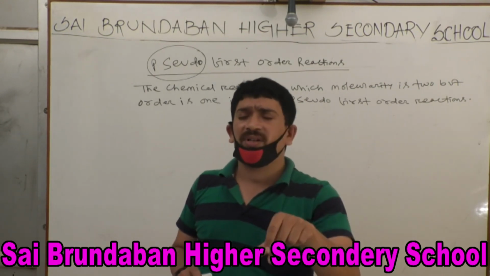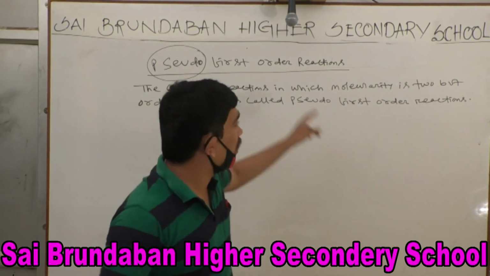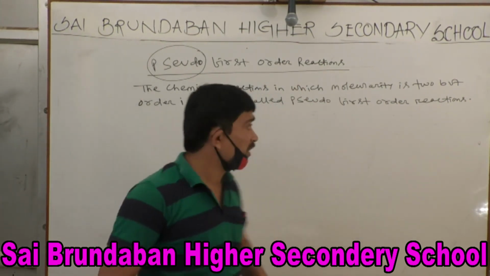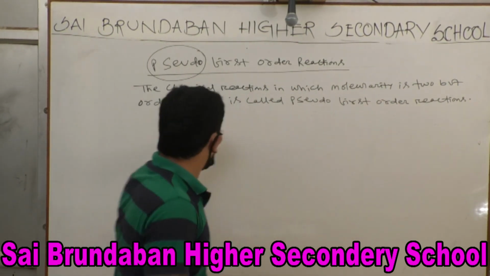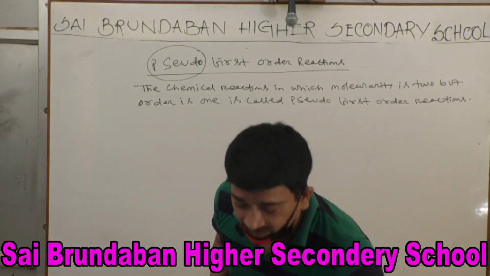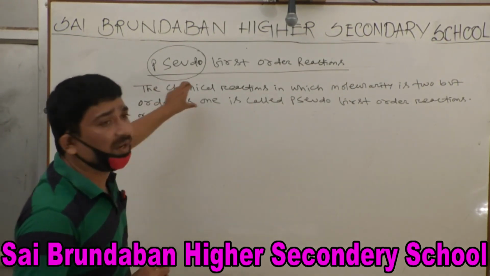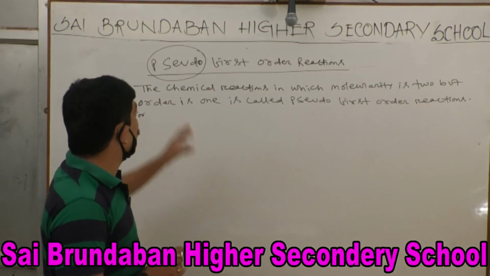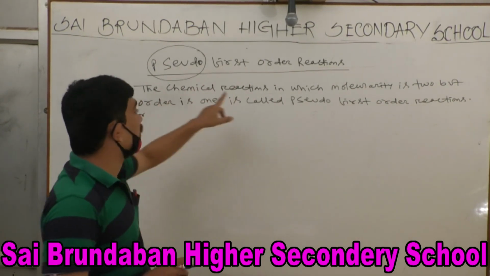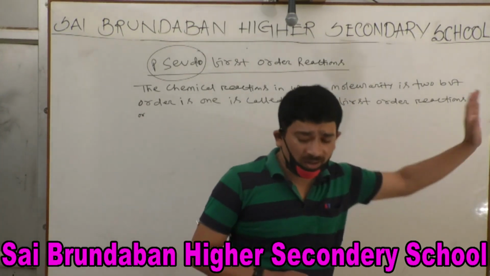In the rate law, add the powers of the concentration terms, that will be the order of reaction. The chemical reaction in which molecularity is 2 but order is 1 is called a pseudo first order reaction. This is the simplest definition I have given you to write.